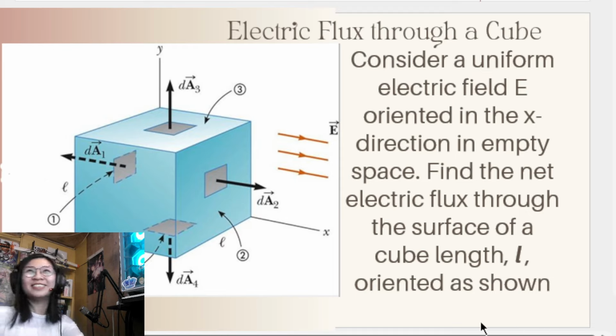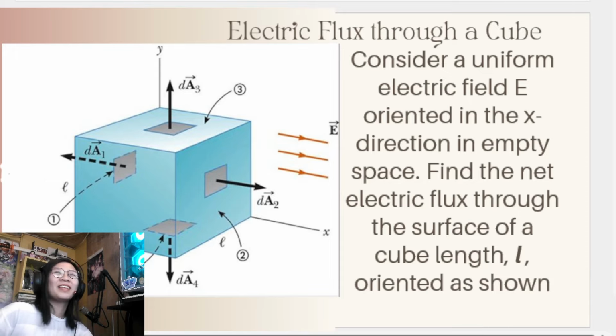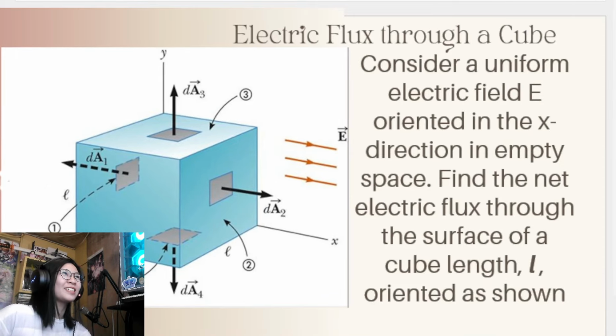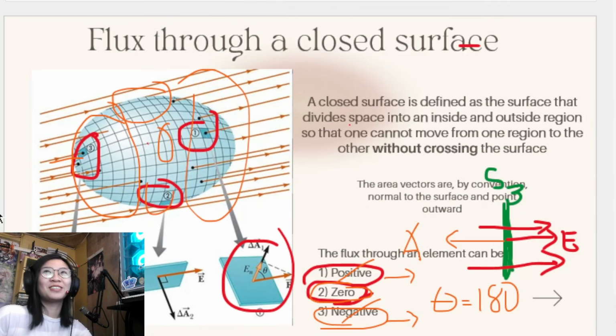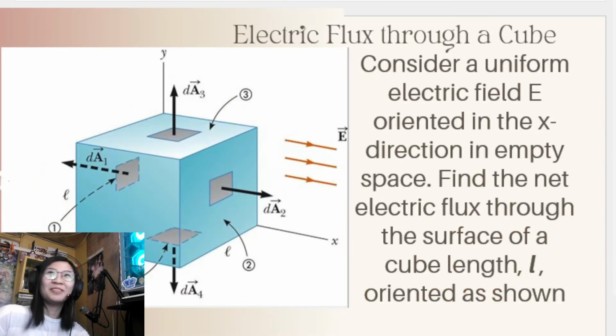Okay, you learn new things every day. Okay. So, yes, something like that, an ovoid. Anyway, so yeah, you just have to remember that if it is a closed surface, then the electric flux is zero. Yeah, that's all.